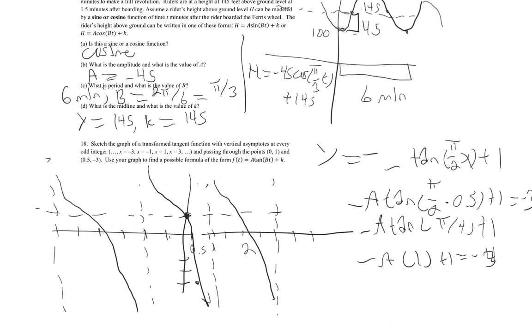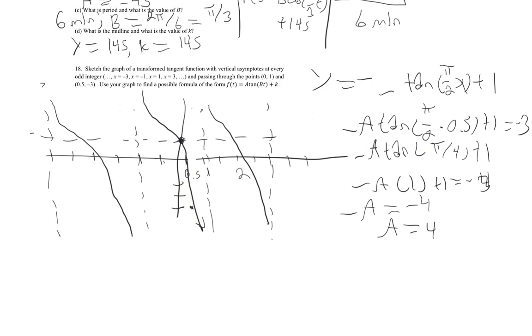So we get negative a equals negative 4, and a equals 4. So y is equal to negative 4 tangent of pi over 2 x plus 1. Cool.